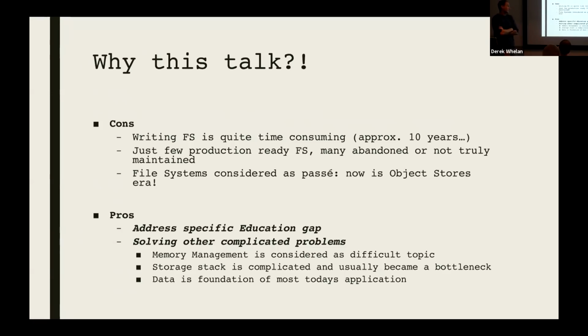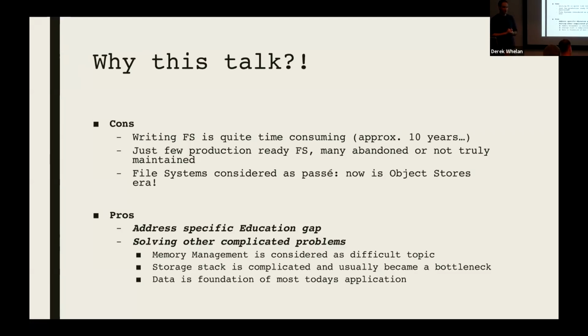And there are just a few production-ready file systems, with many abandoned and not truly maintained. This is another problem we have in Linux. We have the extended file system in a few versions, XFS, Btrfs, and ZFS sometimes, for example on Ubuntu. But that is actually what we have, and those are quite stable and reliable.